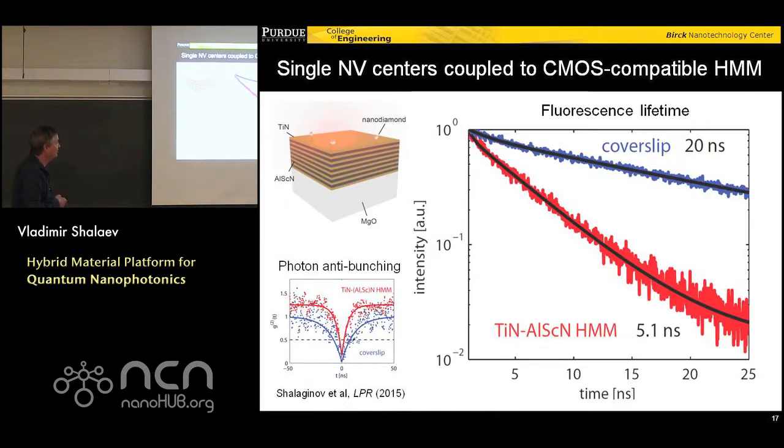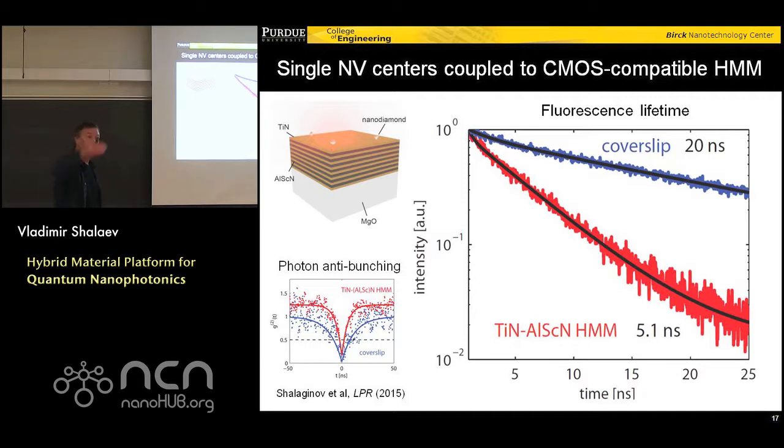And here is the experiment done by Misha Shalaginov, who is now at MIT. They placed this nanodiamond with nitrogen vacancies on top of this hyperbolic metamaterial, which has high photonic density of states, and obtained this increase in efficiency in generation of single photons, which is reflected in the fact that the lifetime shortens, because you generate photons fast.